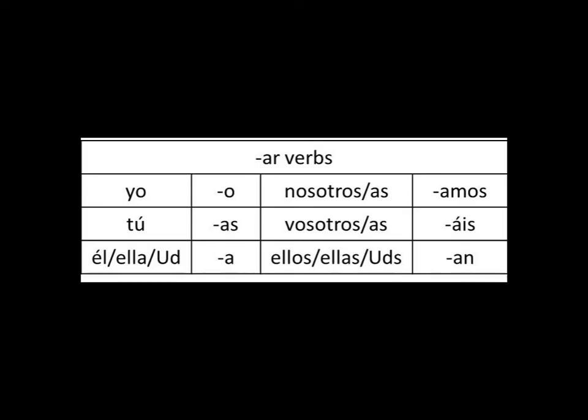So here I have that chart once again, a little bit different look to it. This might be a good place to pause the video and copy this chart down, because it's showing you what I take to make AR verbs, to conjugate them, to use them in sentences. I'm going to put on these endings: o, as, a, amos, áis, an.